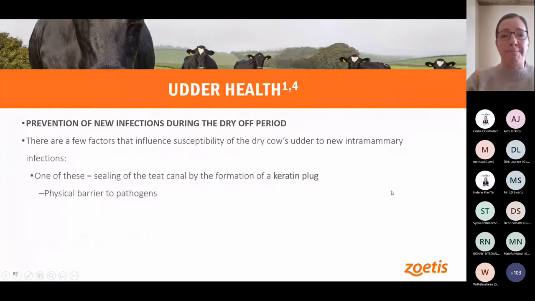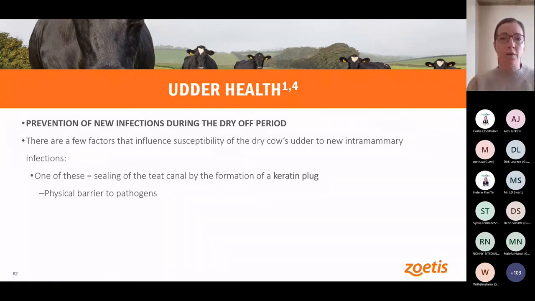Okay, so when we are trying to prevent new infections during the dry-off period, I think I've stated my case and why this is important to do, because you don't want those clinical mastitis cases in the dry period. You also don't want them to stay quiet and then only manifest in the first few months of lactation.